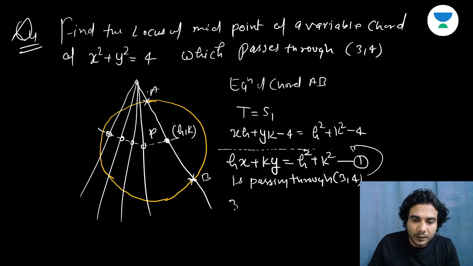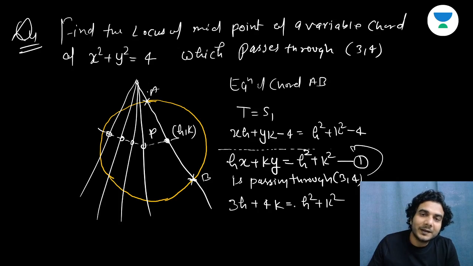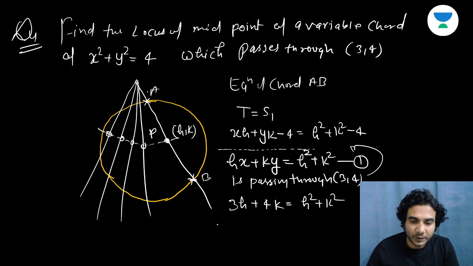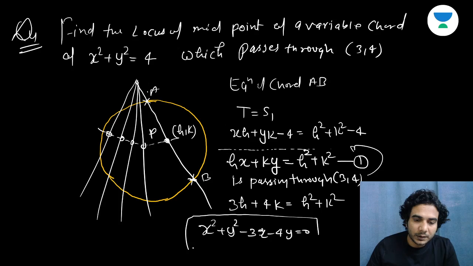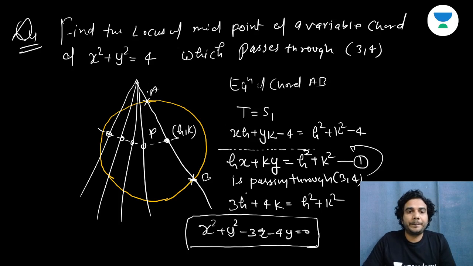So it is going to be 3h plus 4k is equal to h square plus k square, and you can see it's a circle. Now you can replace (h, k) by (x, y). So it is x square plus y square minus 3x minus 4y is equal to 0. So its center is (3/2, 4/2). That is the center.